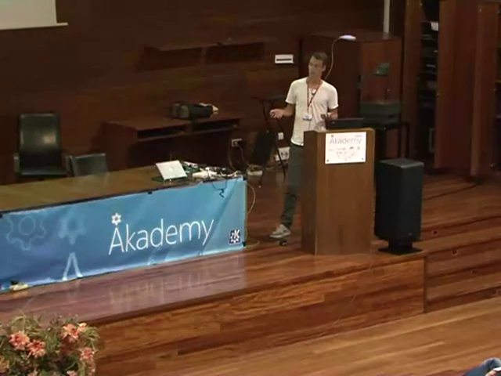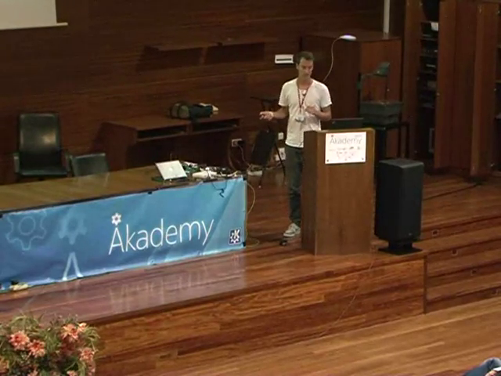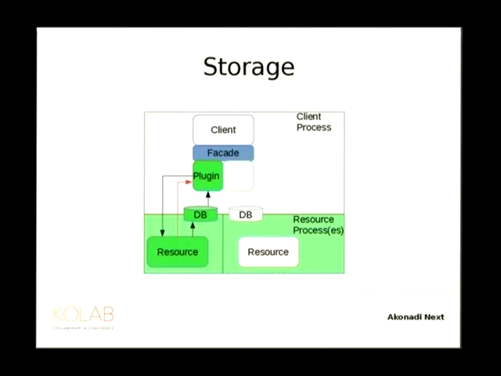So this is the basic design of Akonadi Next. So you have a client process. That's the client process. These are the resource processes. We have the client application that works against the facade, which abstracts the whole storage.